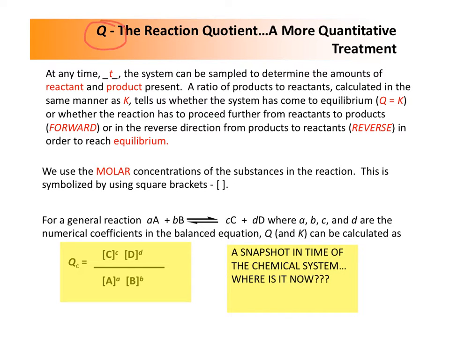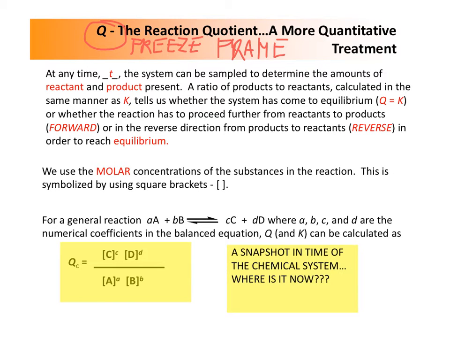It's written as a Q. Q is a sort of freeze frame, okay? It's a snapshot in time of what's happening to the system. You take a whole bunch of reactants, throw them together into a tank, and wait for the equilibrium to occur.